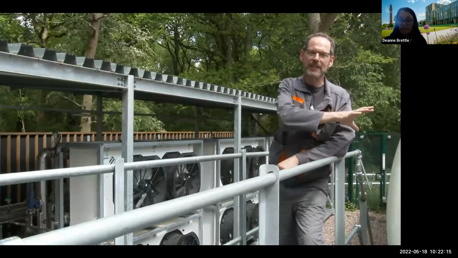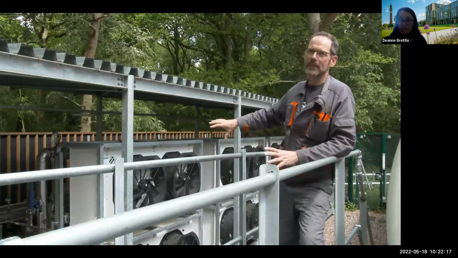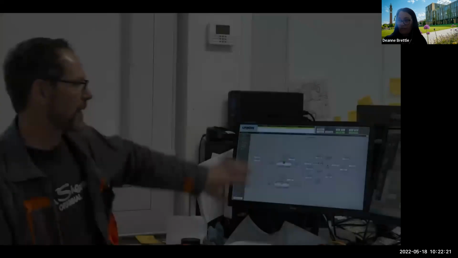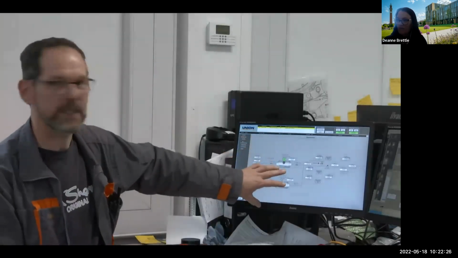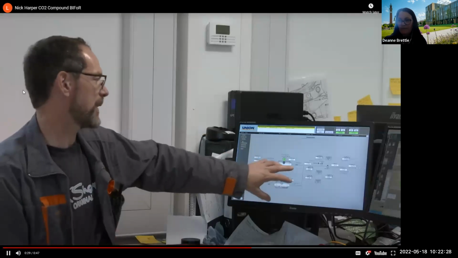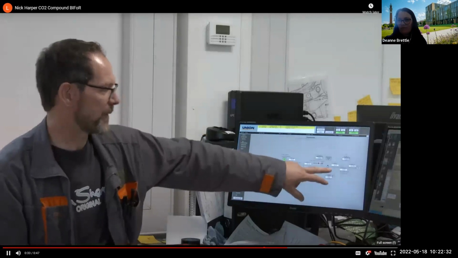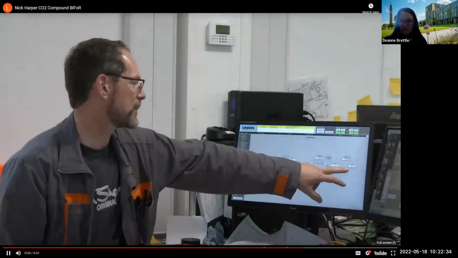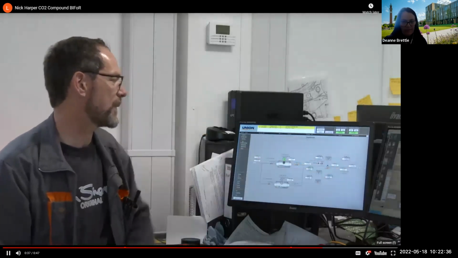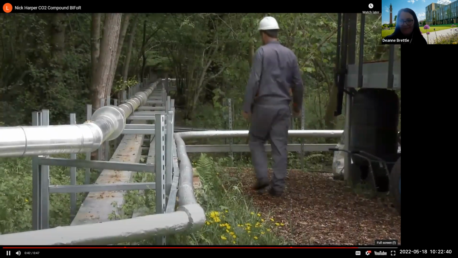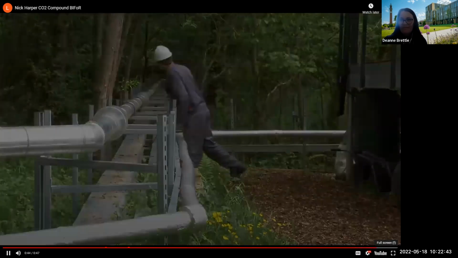So the first thing is we're going to take the liquid carbon dioxide, warm it up and expand it, so it then goes from liquid into gas. It comes from our liquid to gas evaporators in through an electric superheater, which is now raising the temperature up to 60 degrees centigrade. Pressure reduced again, and then it goes down to 15 bar, and we're now at 36 degrees centigrade. It then goes into our distribution system, where it's distributed up to each of the array plots.